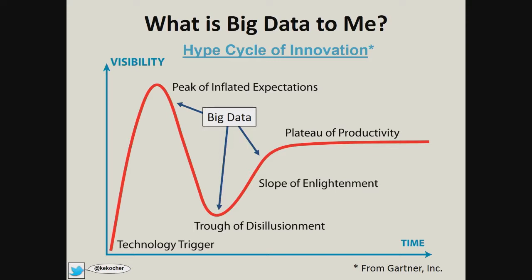There's this cycle of innovation where there are inflated expectations, then a valley of disillusionment, and eventually it plateaus again. Big data can be parsed out in lots of ways, but where we fit on this curve is up to the conversation here today.